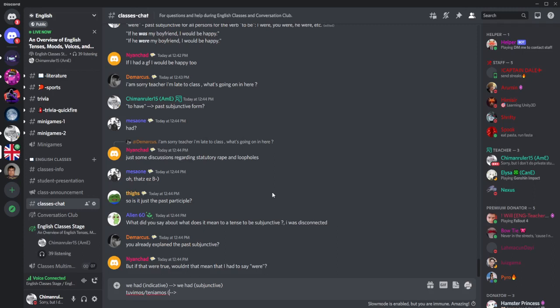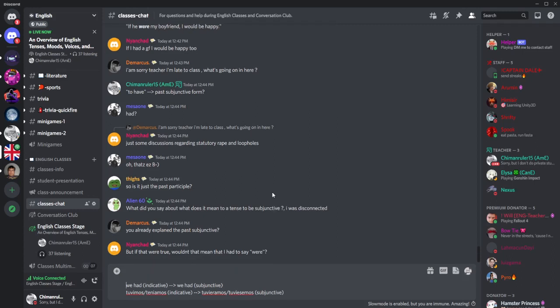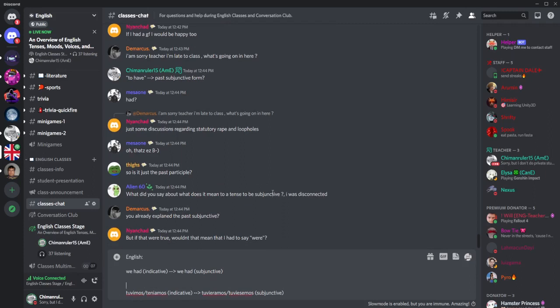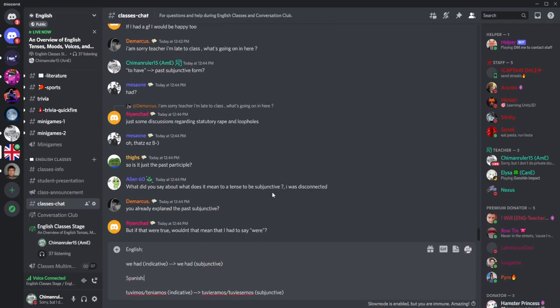Just to show the difference between languages here. In English, the two forms are generally the same. But in Spanish, for those of you who speak Spanish, the two forms are different.